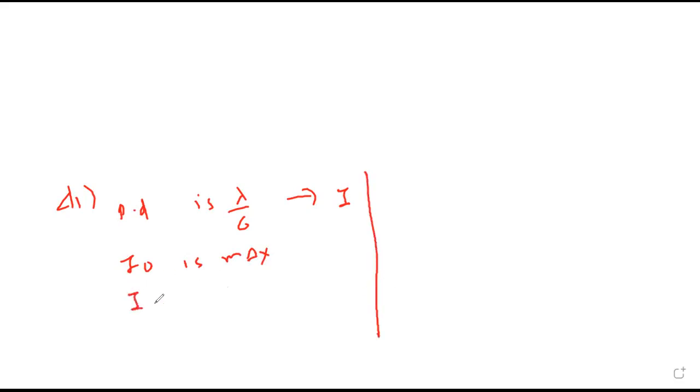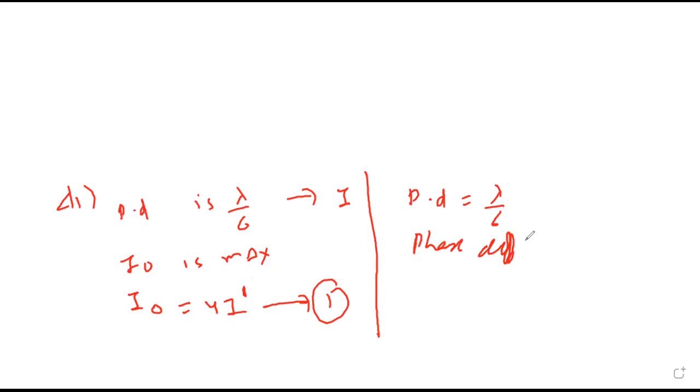See, I naught is maximum means it is 4 times the original. Original I am calling as I dash. Now, path difference is lambda by 6. So, what will be phase difference? 2 pi by 6.